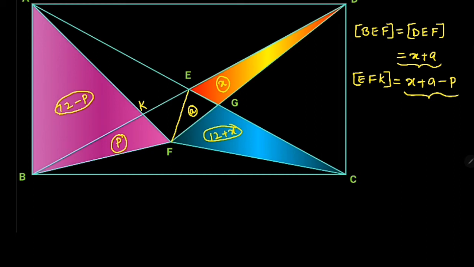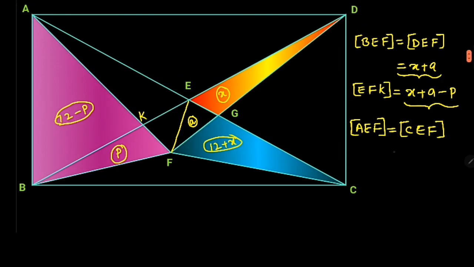Now, if you see the triangles AEF and CFE, they are equal in area. That is what I am writing here. The area of AEF is equal to the area of CEF, because E is the midpoint of the AC diagonal.